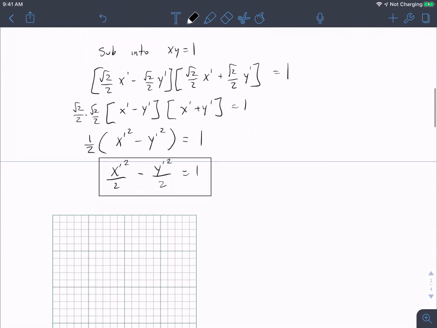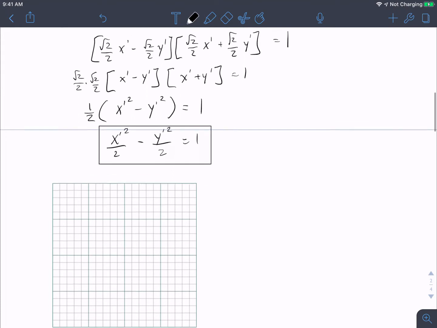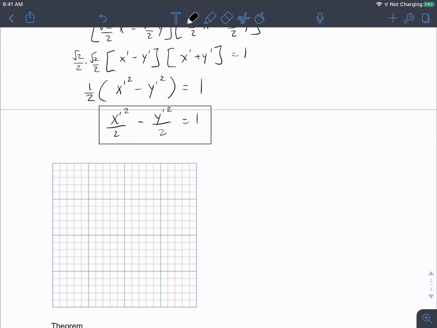This is actually a hyperbola, but what's happened to the hyperbola here is the axis of rotation has been shifted 45 degrees, and so this shift of 45 degrees is going to make this now our x prime axis, and then going this way, this is going to be our y prime axis.